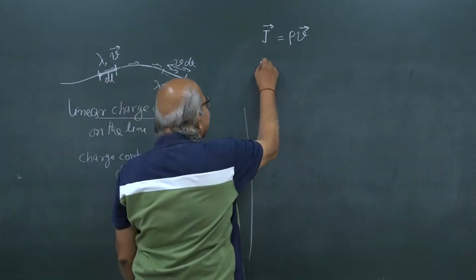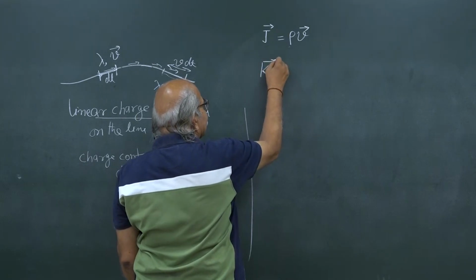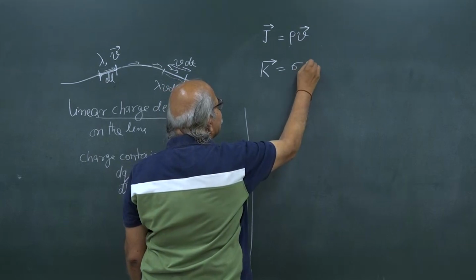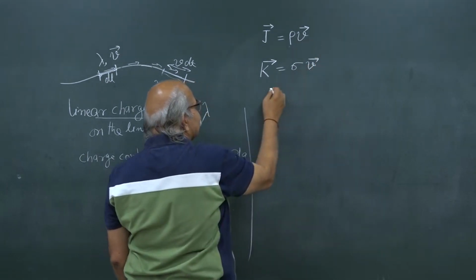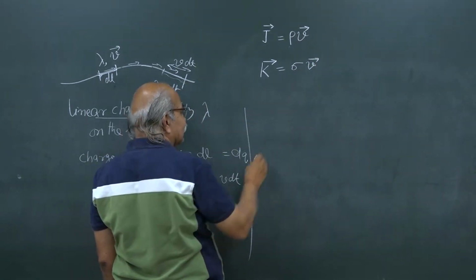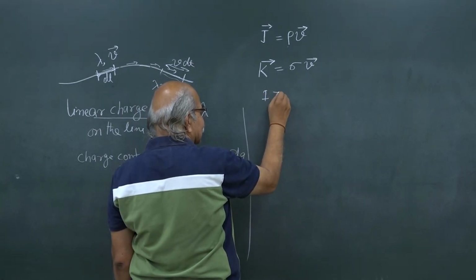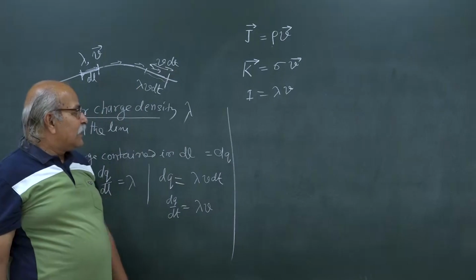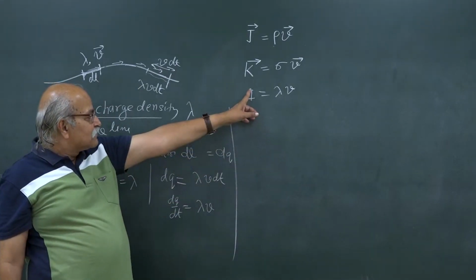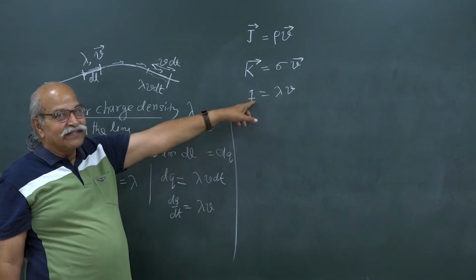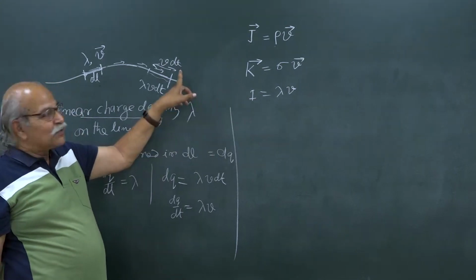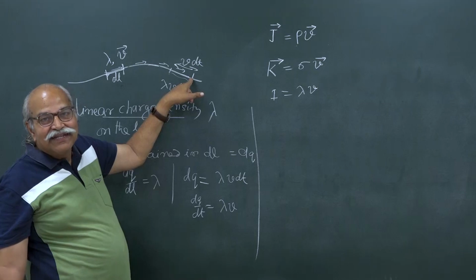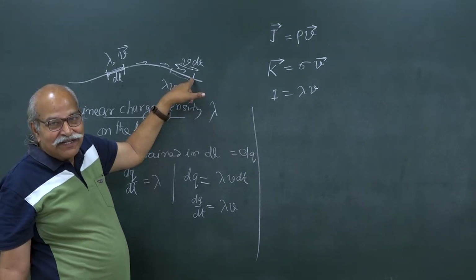Then we defined K, the surface current density, which was sigma times V, and then we define this current, which is lambda times V. We do not define a linear current density because it is crossing through just one point, so I cannot divide by the size of that point.